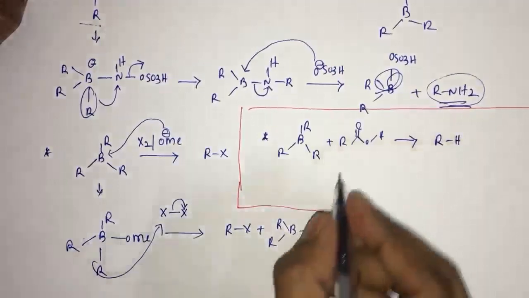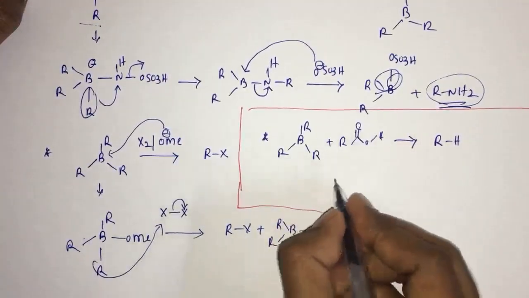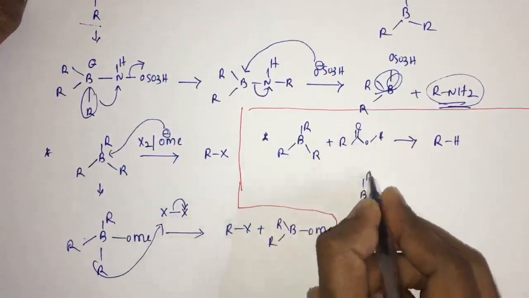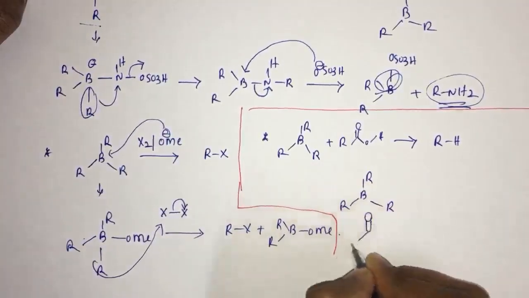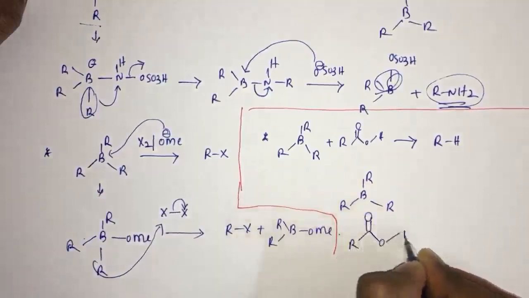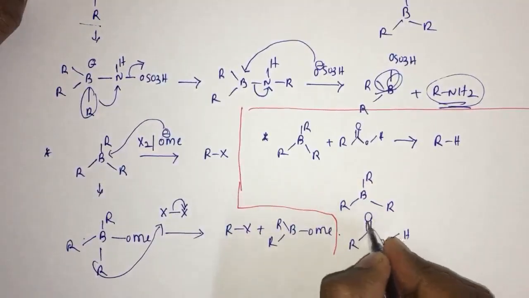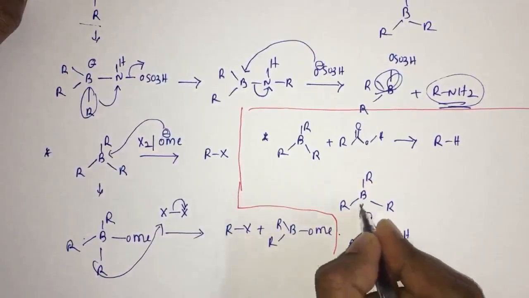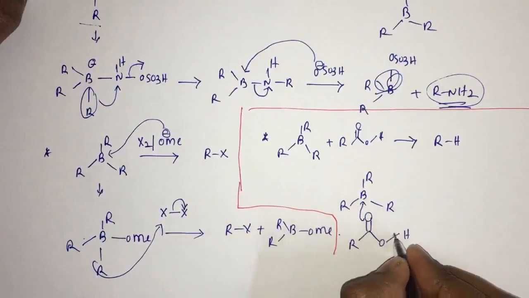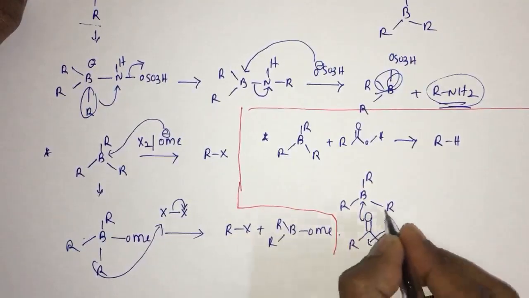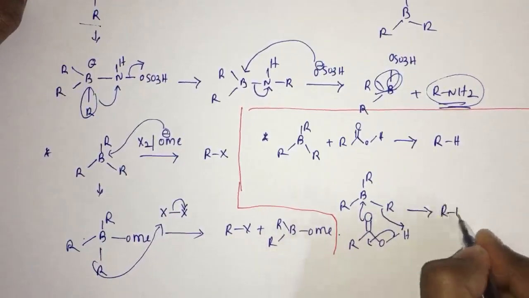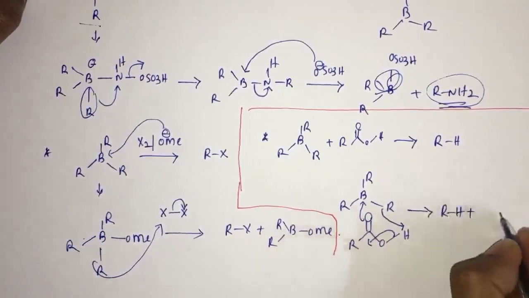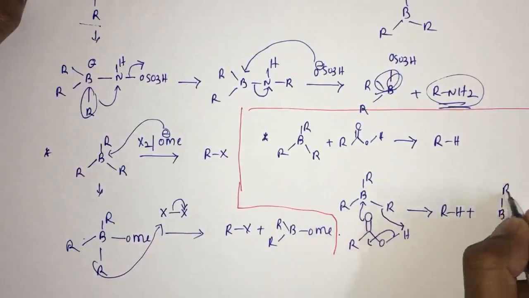We'll see the mechanism: B, R. This oxygen attaches to the boron, this bond comes like this, and this alkyl group takes this hydrogen and becomes a hydrocarbon, and we get this compound also.